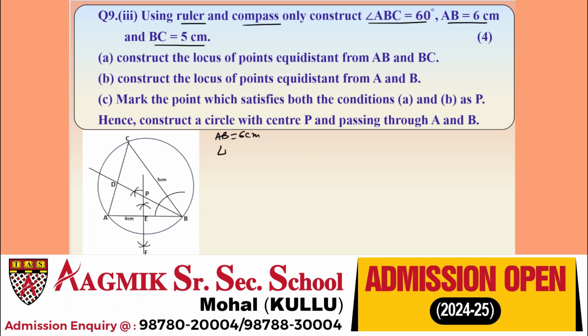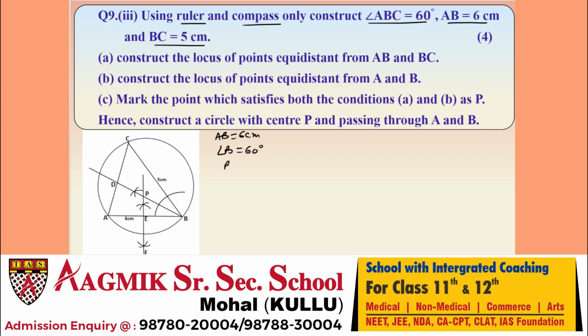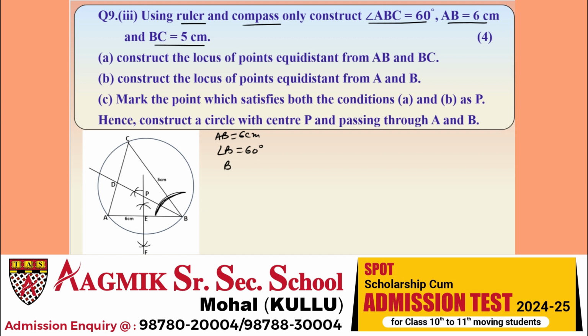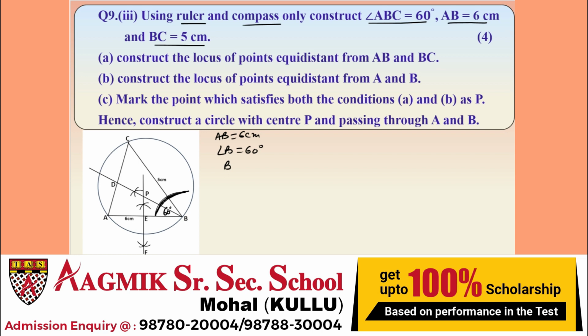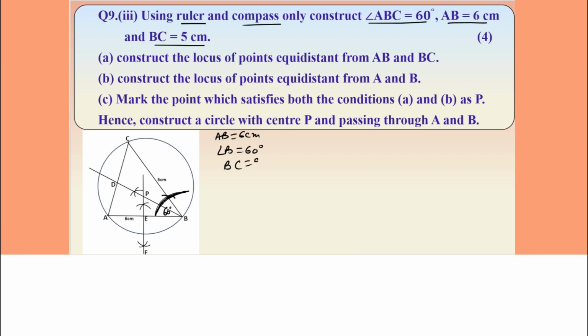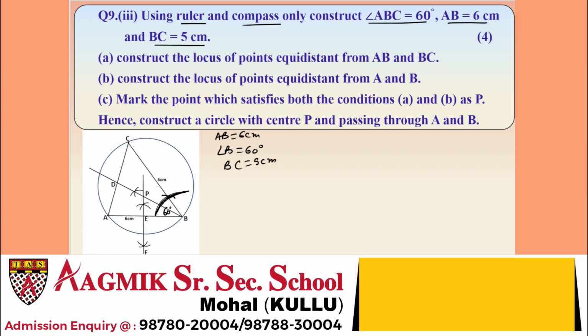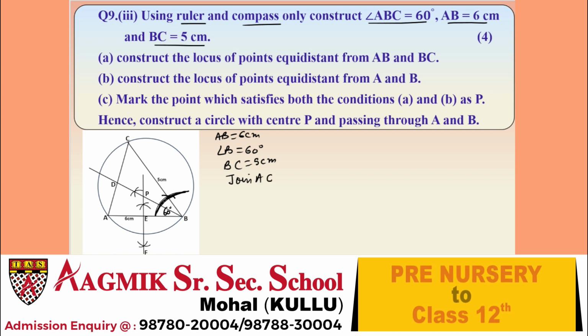Then we draw this angle B equal to 60 degrees, alright? This whole angle would be 60 degrees. Then you mark on this BC as 5 centimeters, and then you join AC. That would complete your triangle.